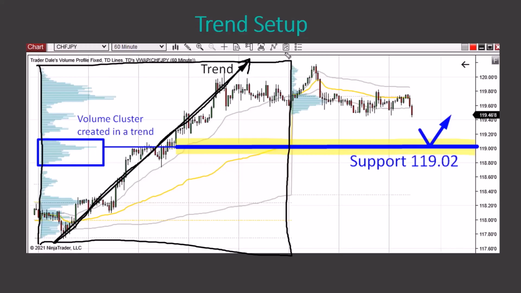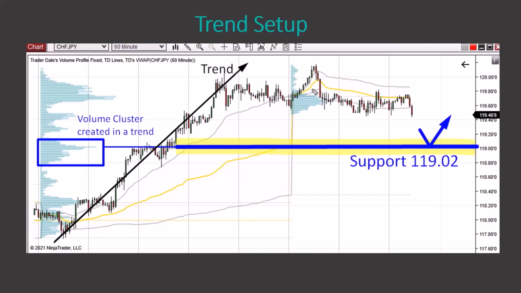So if I was using the flexible profile, I would still use it for this whole area, right? So anyways, this is a significant volume cluster which got created within the trend. So you draw the line there, you wait for pullback and go long from there.